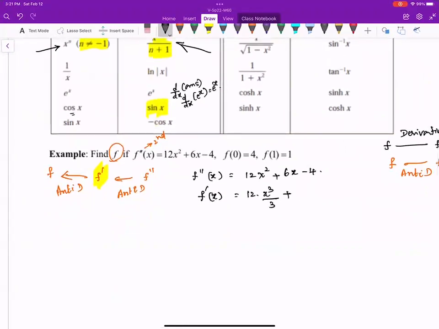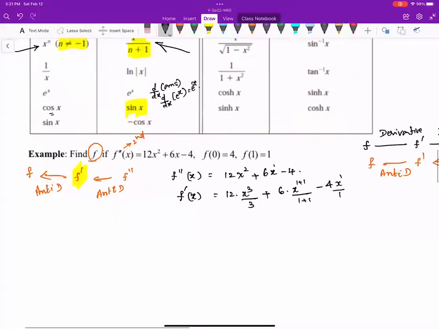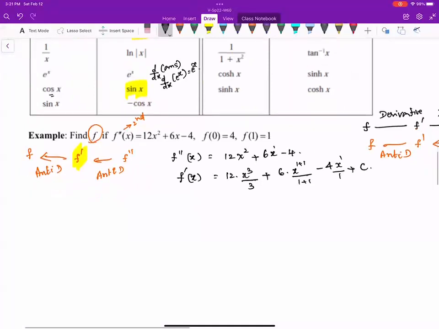Plus 6 times x to the 1 plus 1 over 1 plus 1. Minus the antiderivative of 4, which is x to the power 0, so it will be x to the power 1 over 1. Then we add an additive constant, we'll call it C. So f prime of x equals 4x cubed plus 3x squared minus 4x plus C.